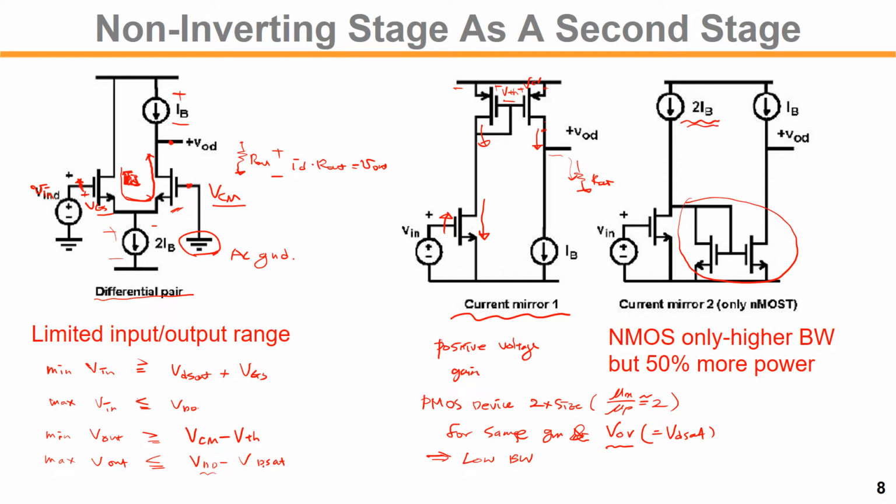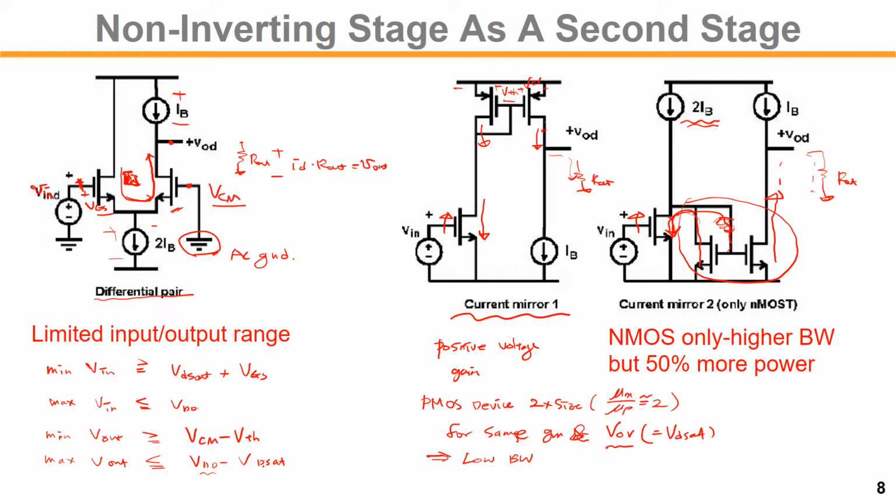If you change the voltage here, current flows like this, right? This current needs to flow through drain and source like this. This current will be replicated like that, so any output equivalent resistance there, this current will flow to the output, right?